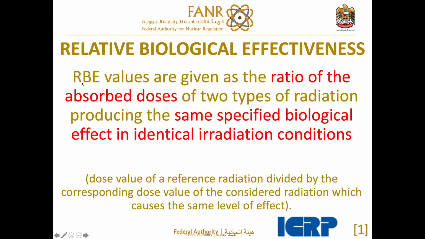The relative biological effectiveness values are given as the ratio of absorbed dose of two types of radiation producing the same biological effect in identical irradiation conditions. So, the dose value of a reference radiation, our original gamma radiation of a certain energy, divided by the corresponding dose value of the considered radiation that we want to assess.